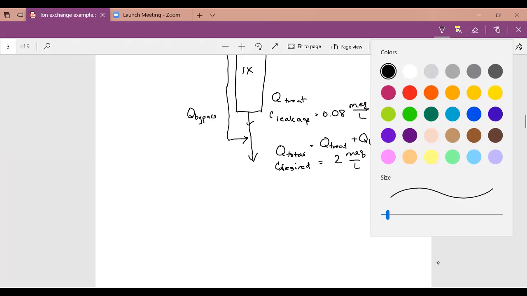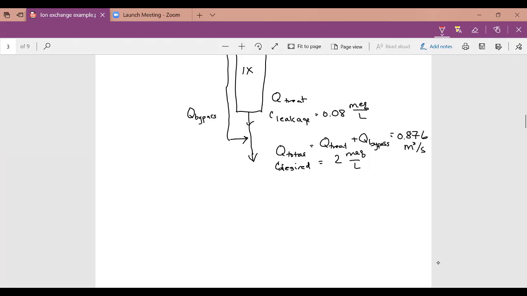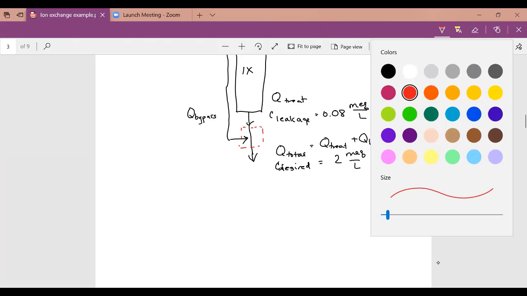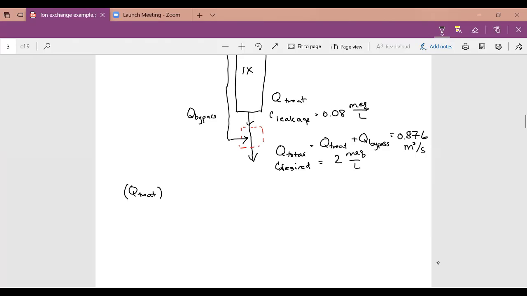So what we need to do is develop a mass balance around that mixing. So we have Q treat times C leakage plus Q bypass times C bypass, which is that initial concentration, and that equals Q total times C desired.